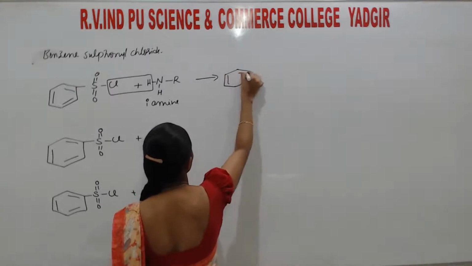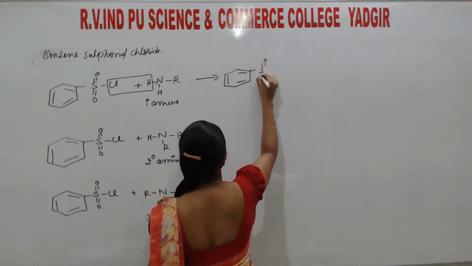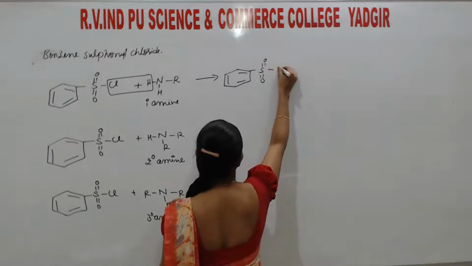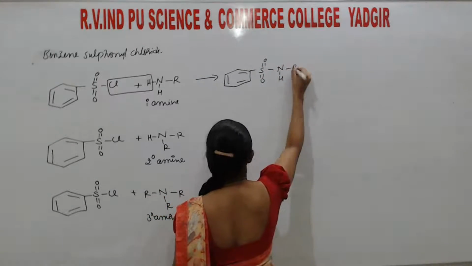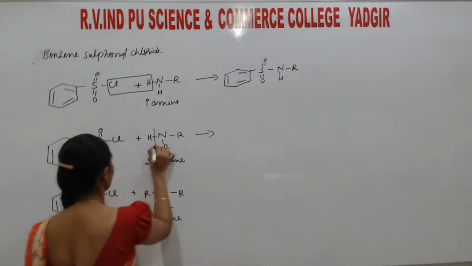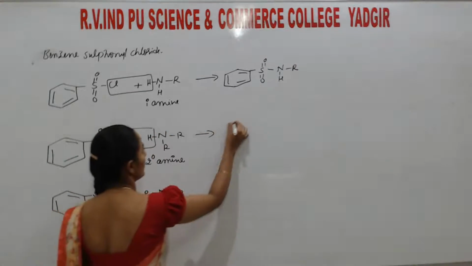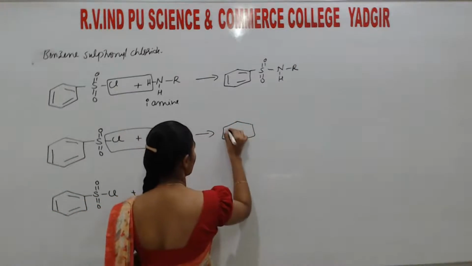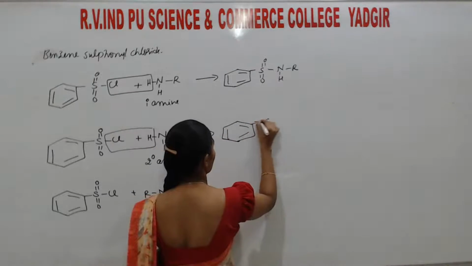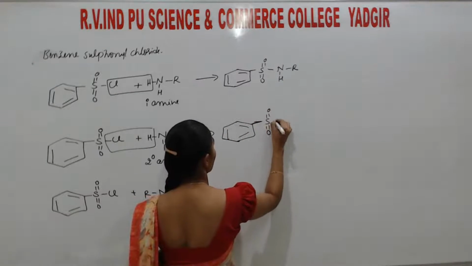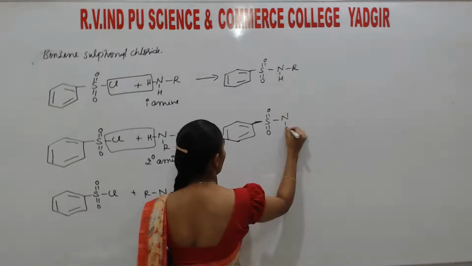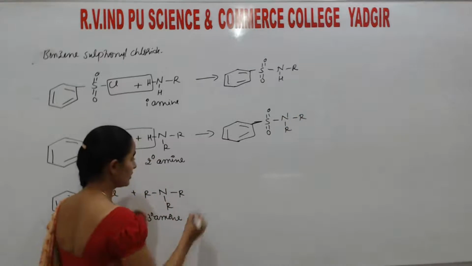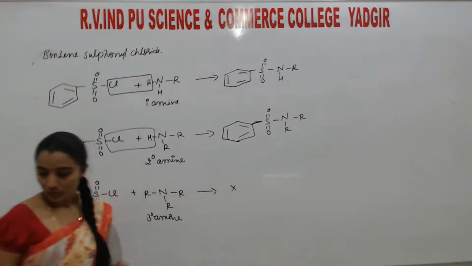This is benzene, sulfonyl, and this is NH. So here again HCl is removed. Then this benzene ring is double bonded to NR. And this one there is no reaction.